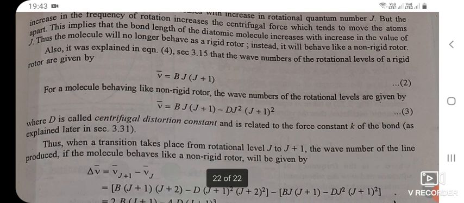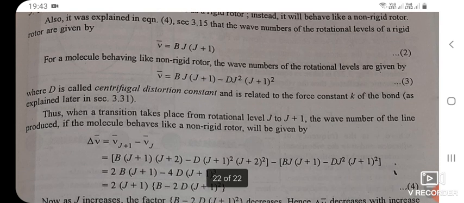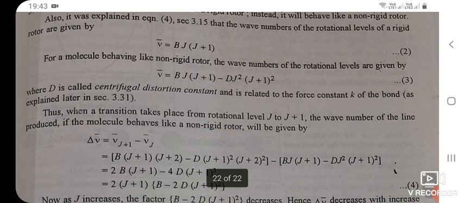Also, it was explained in equation 4 that the wave numbers of the rotational levels of a rigid rotator are given by BJ(J+1). For a molecule behaving like a non-rigid rotator, the wave numbers of the rotational levels are given by BJ(J+1) minus D J squared (J+1) whole squared, where D is called the centrifugal distortion constant and is related to the force constant k of the bond, as explained later in section 3.31.